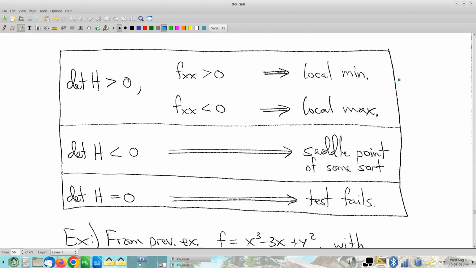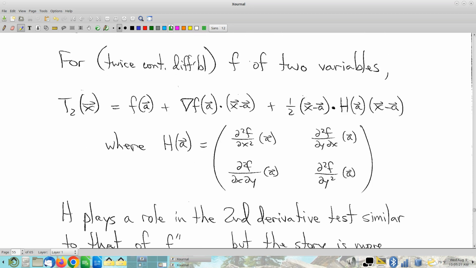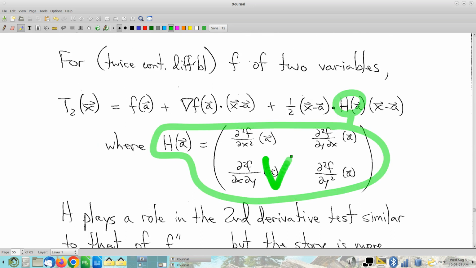But here's the punchline. This is how it breaks down. Again, quadratic forms are weird, but this is the resulting second derivative test. It breaks down first by looking at the determinant of the Hessian matrix. A reminder now, the Hessian matrix is this matrix in here, but more specifically, the Hessian matrix is this formula.